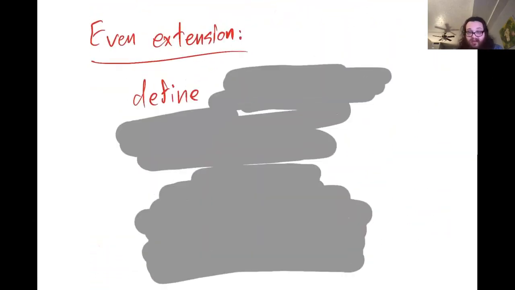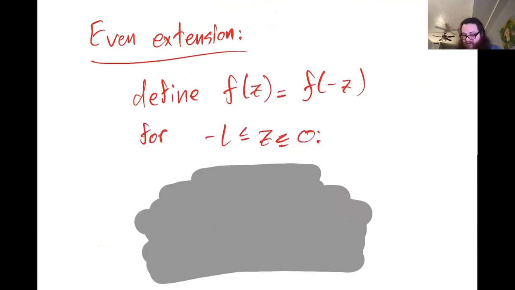So what about the even extension? Well, here we're going to define f of, so for z in this interval, what is the value of f going to be? Well, it's just going to be the value of f on the other side. So I'll call that f of z.